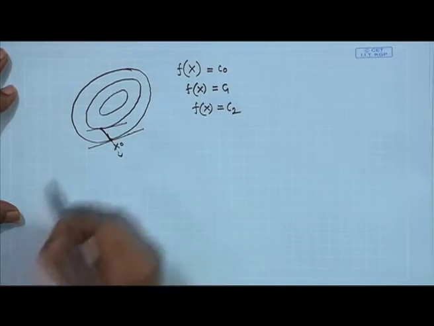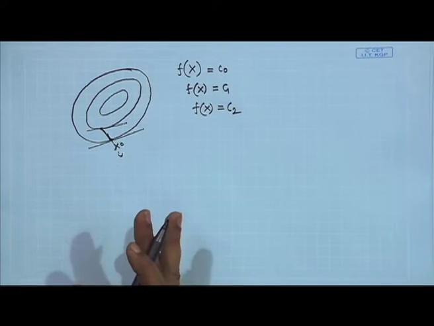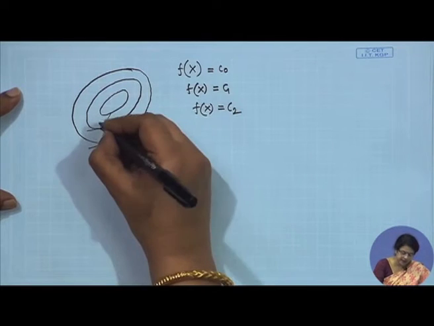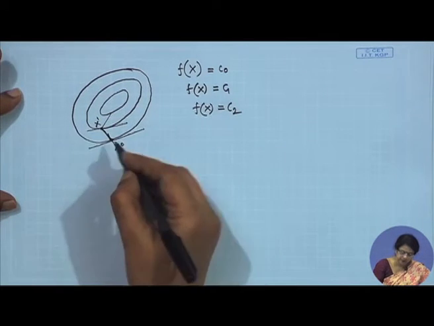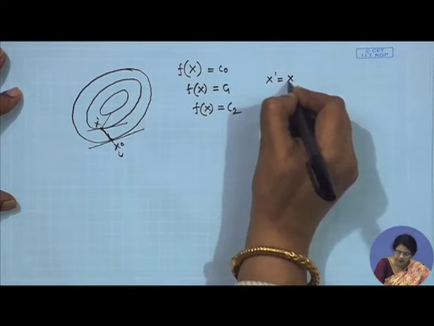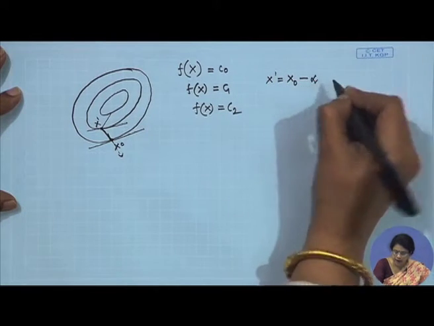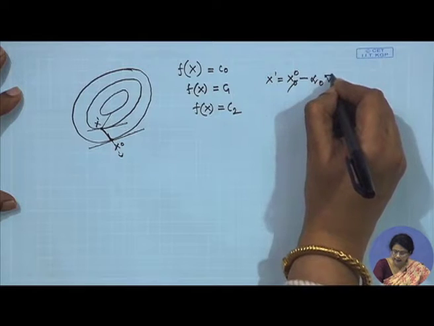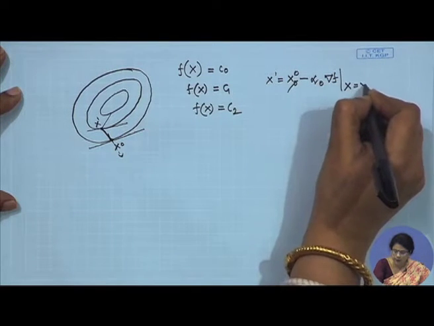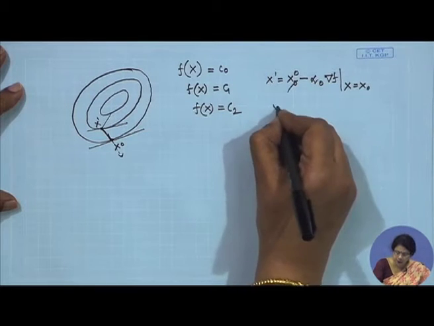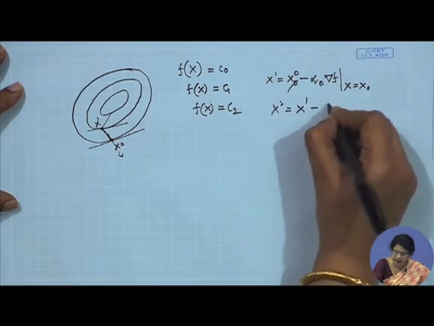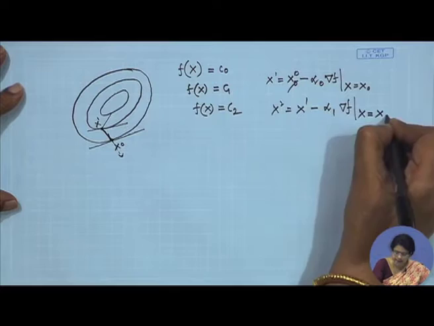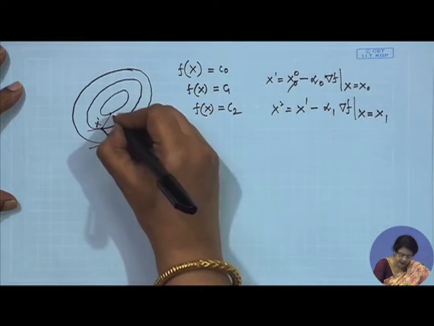Again here we will consider the tangent, and again it will move like this. So x naught will move to x1, where x1 is equal to x naught minus alpha naught times the gradient of f at x equal to x naught. Then x2 is equal to x1 minus alpha 1 times the gradient of f at x equal to x1. Then we will move to x2.